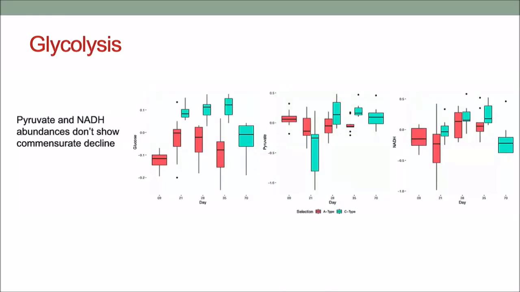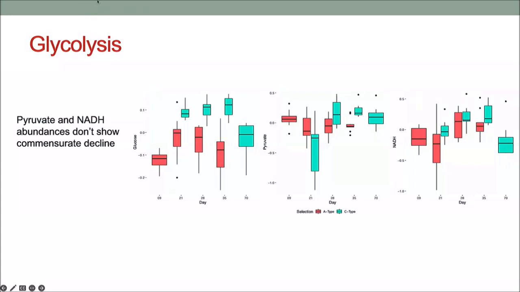So this is looking at the other metabolites that are characterized in our panel that are present in this pathway. So you would naively expect a correspondence between the two, right? If your glucose abundances are low, it means you're using a lot of glucose. So you should have a lot of pyruvate and you should have a lot of NADH. And we do see that at that time point.